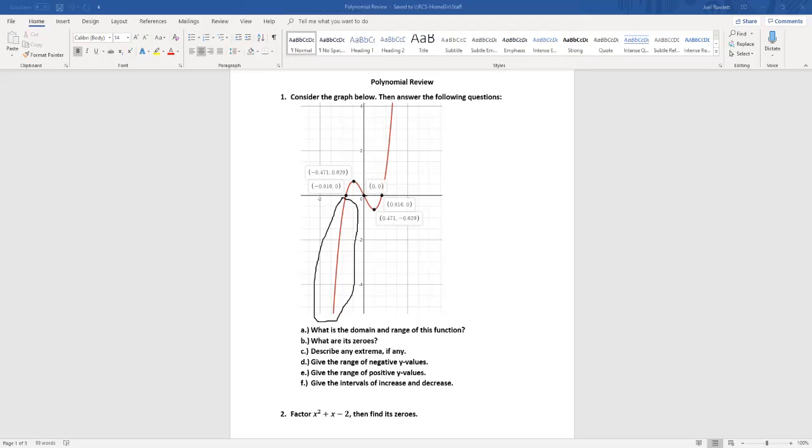Also, in this area, we have negative y values. So y values are going to be negative whenever x is negative infinity all the way up to x is negative 0.816.